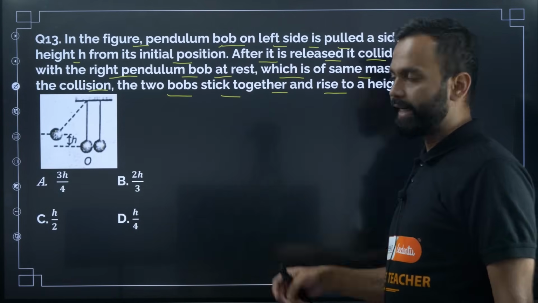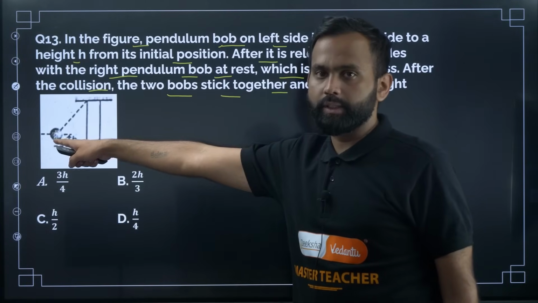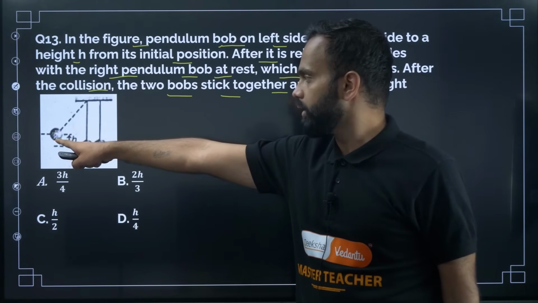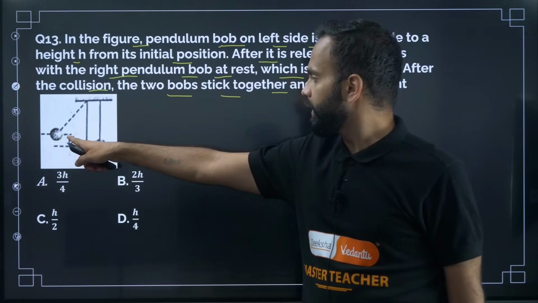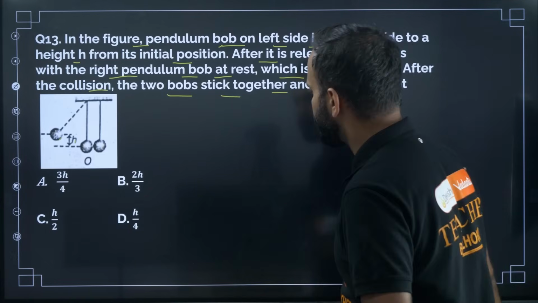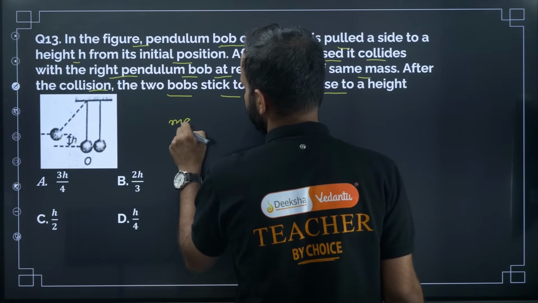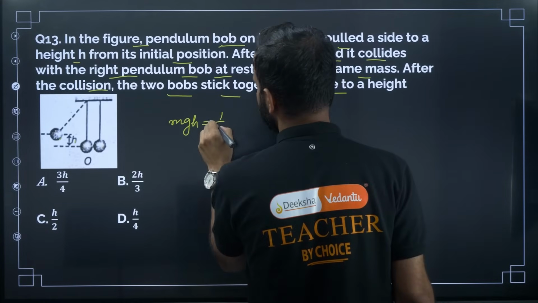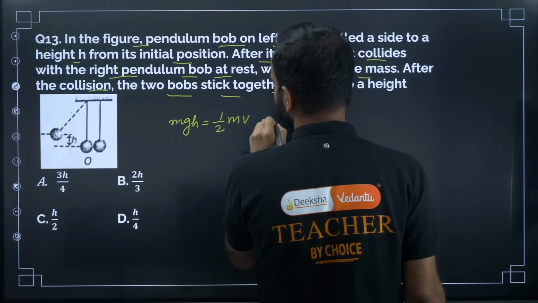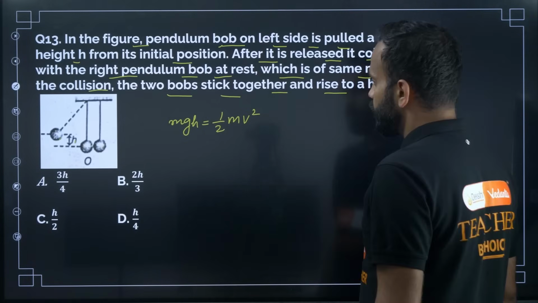Here the bob loses its potential energy and gains kinetic energy when it travels vertical distance h. So the loss in potential energy, that is mgh, is equal to the gain in kinetic energy, that is half m v squared.